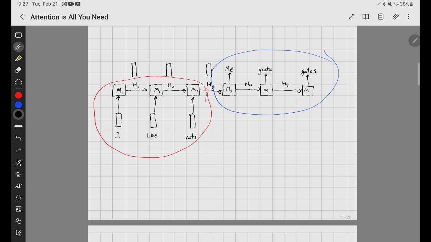And another problem is if you know how backpropagation works, you will have to have the loss for me, gusta, and gatos. And for each one, the gradient will have to flow through this module. And the way it flows through the module, the gradients will be changed several times, continuously multiplying each other.